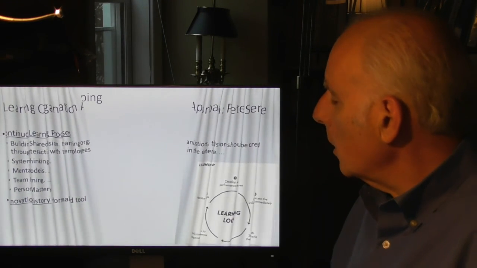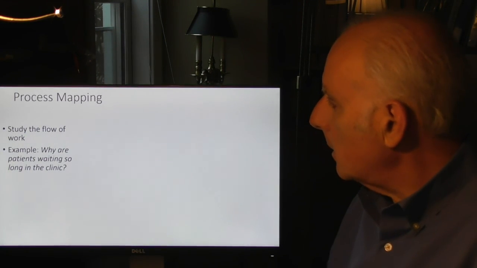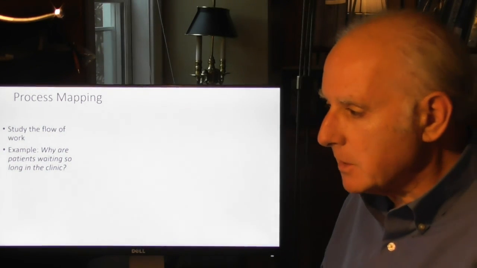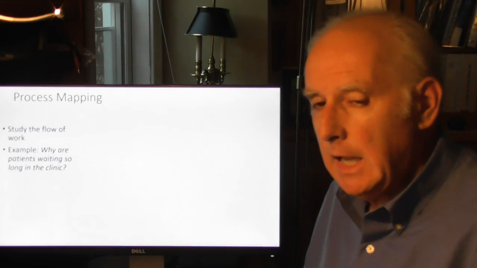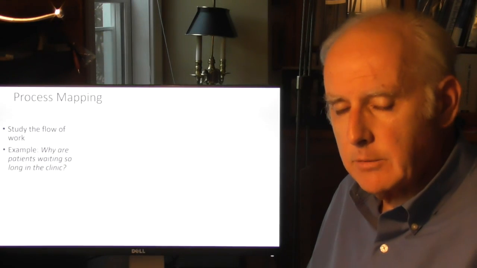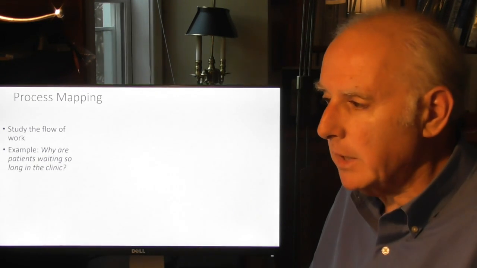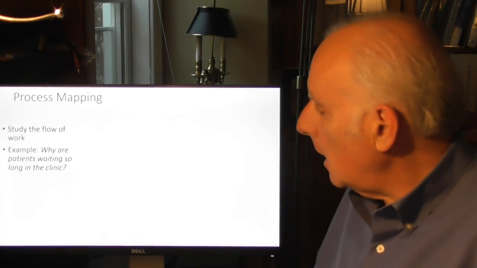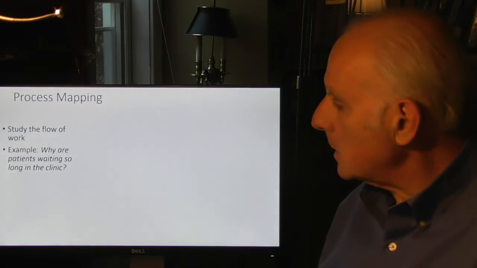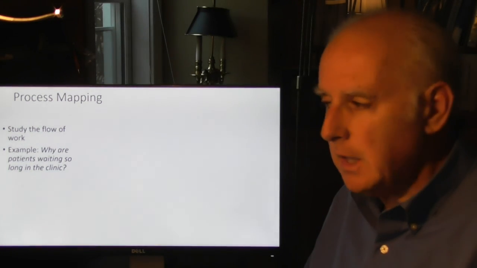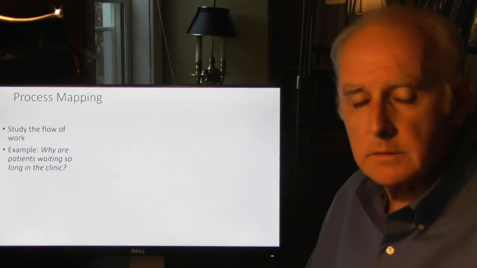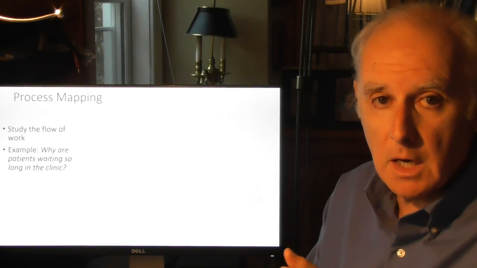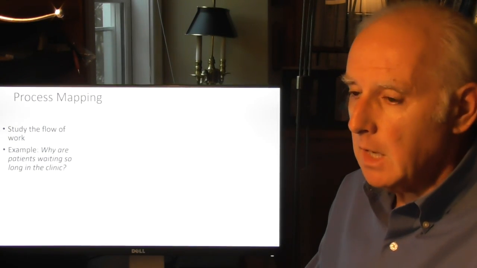Now, what we're going to go over now is something called process mapping. And this is the last tool we're going to mention, and I'm going to just take a little while to explain to you how this tool works. So what you do in process mapping is you study the flow of work. So you have some particular process, can be big, can be small.